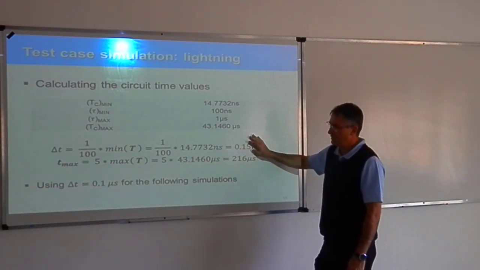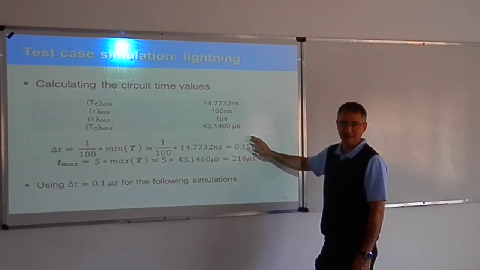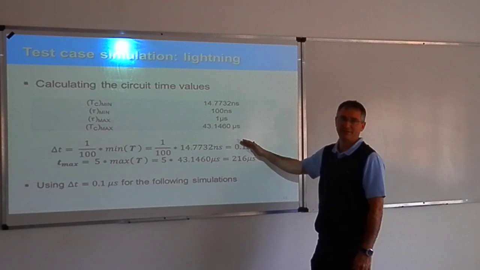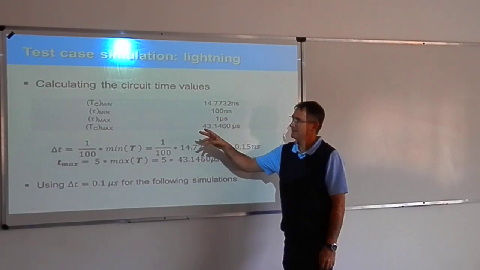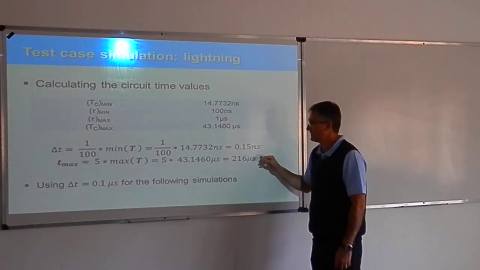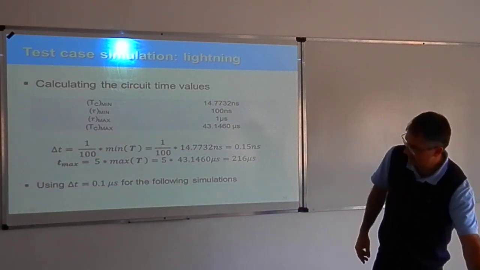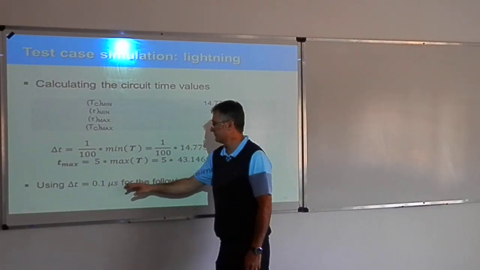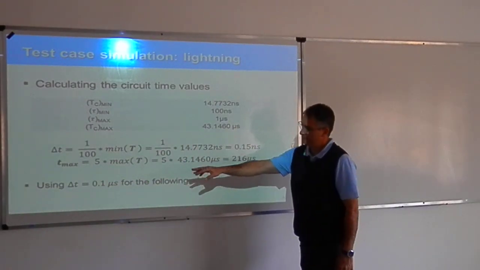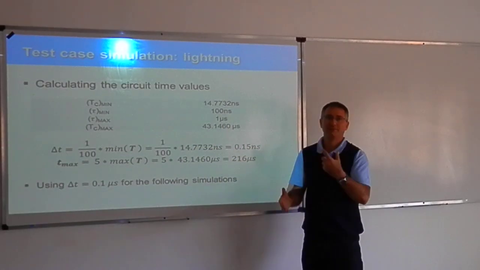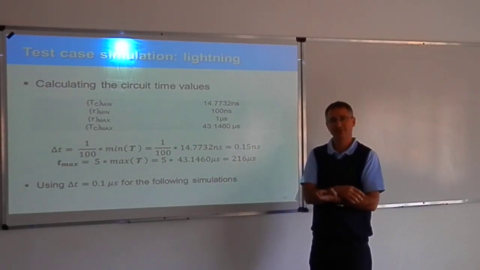This is an empirical algorithm. We need to evaluate it. Eventually, we might find that there are other ways to organize and calculate these time constants instead of this. But if we use a delta T of 0.1 microseconds, 0.1 microsecond is the minimum propagation time in the circuit.